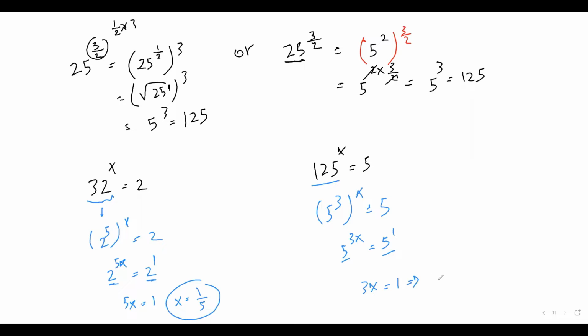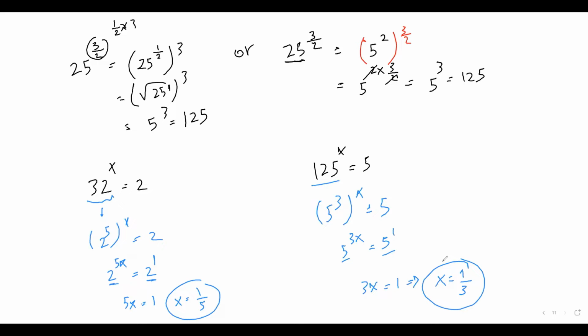So the conclusion is x is 1 over 3. And yes, that's it. So maybe I can do a combination of, especially this is very useful, guys, when they ask us to simplify.